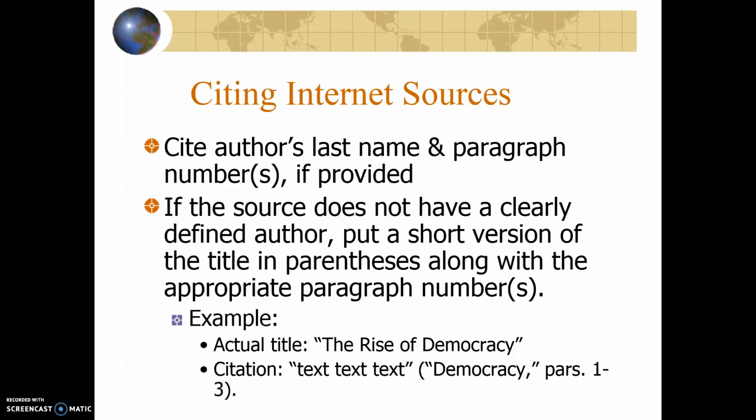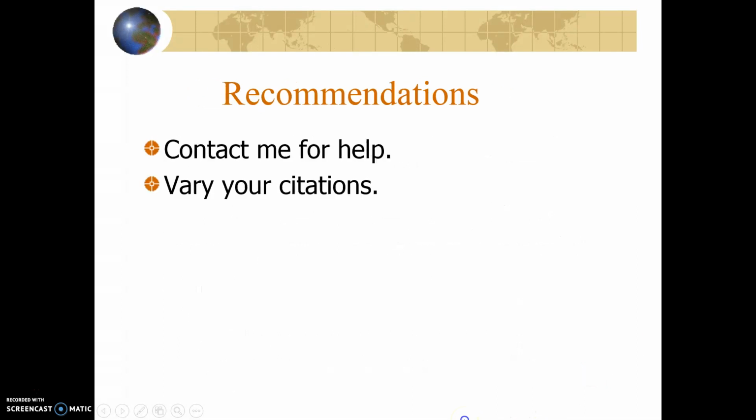But if you still want to use it, what you would do is put a shortened form of the article's title in the in-text citation. As I've done here, you see the full title and the shortened title. If there are paragraph numbers available, you would do comma, pars, signifying more than one. If there's just one paragraph you're citing, you would just do par, period, omit the s, and then the number. Okay?